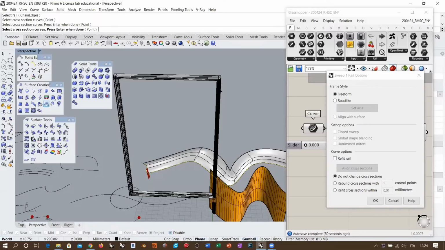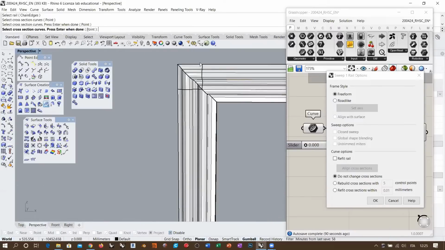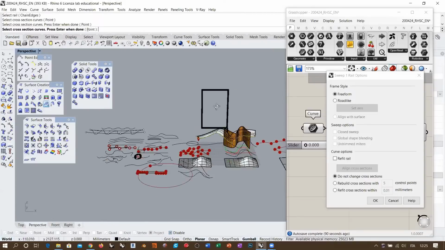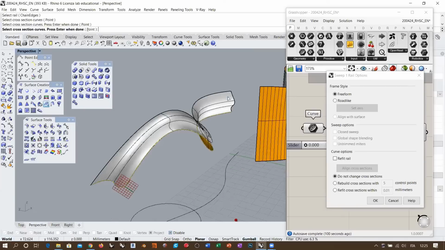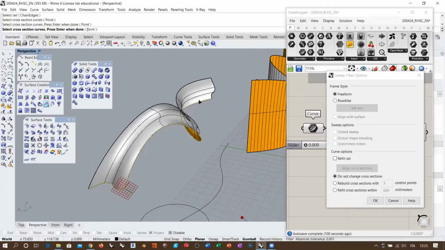So the rail is not twisting because it is made up of straight lines, and the cross section is perpendicular to the rail, and it remains perpendicular to the rail. The fact that the section is perpendicular to the rail is what makes these separation edges appear in the corners of our frame. But in this particular situation, you see that we get a totally uncontrollable result, because we have no control over the twisting of this curve.